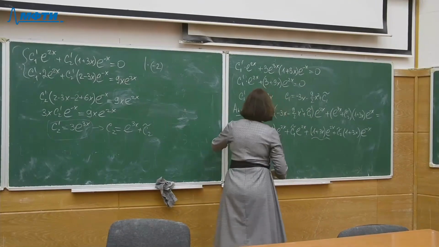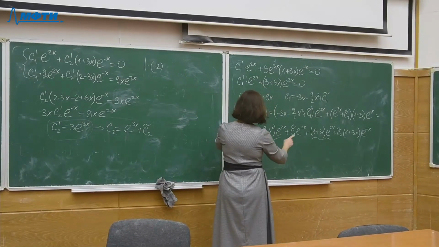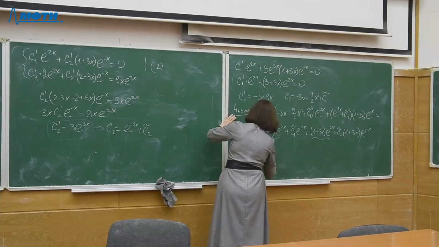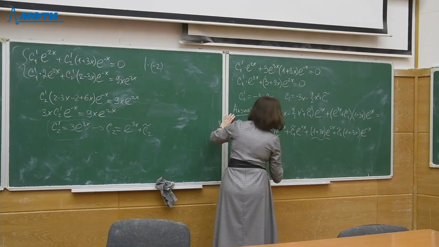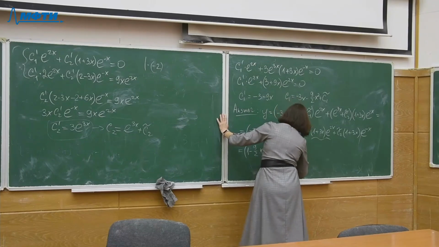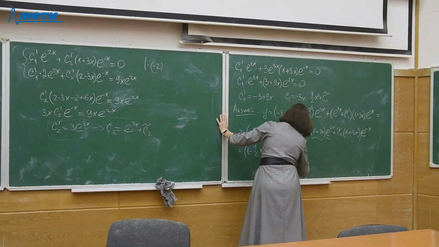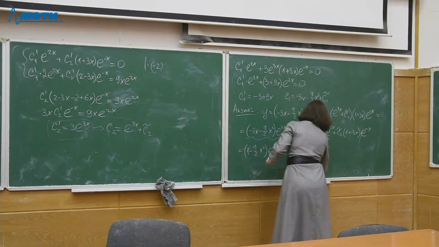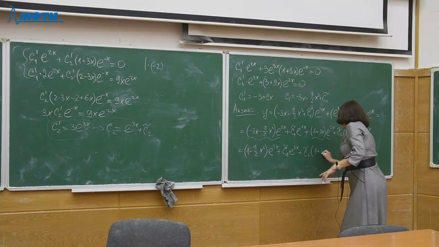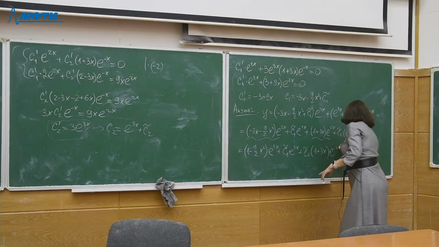If we find the sum, we will get (1 minus 9/2 x squared) e to 2x plus C1 e to 2x plus C2 (1 plus 3x) e to negative x.